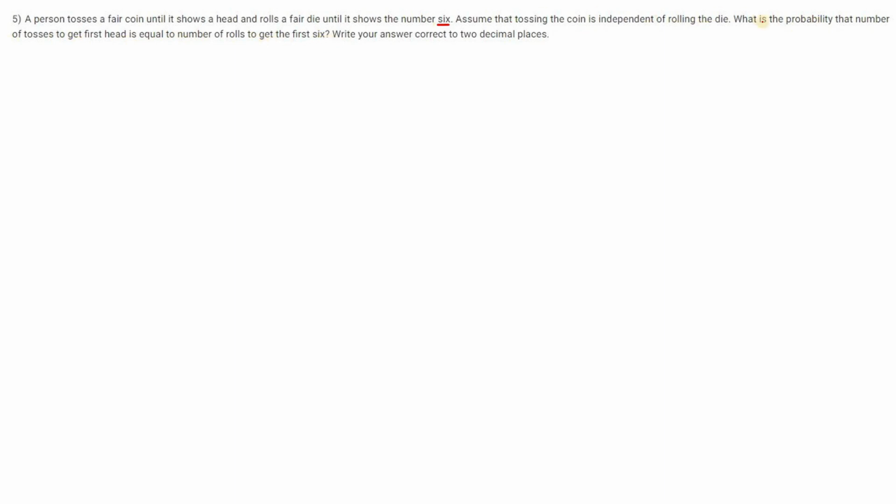Okay, as we can easily understand, these two random variables are geometric in nature, right? So the first random variable, x, is the number of tosses, and that is geometric. What is the probability of getting a head? That is 1 by 2.